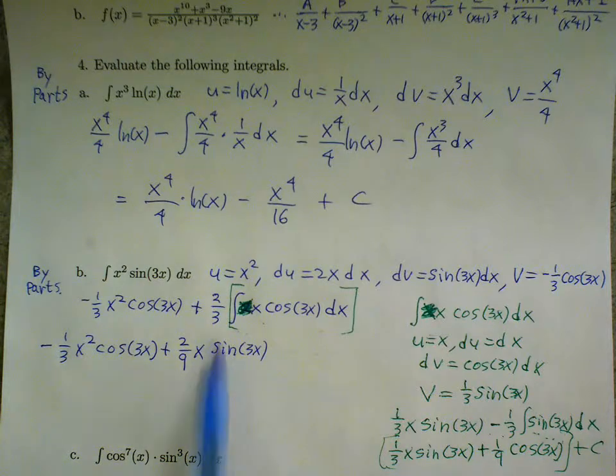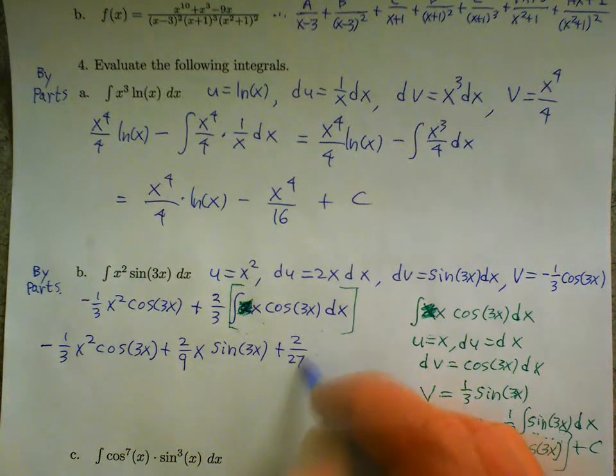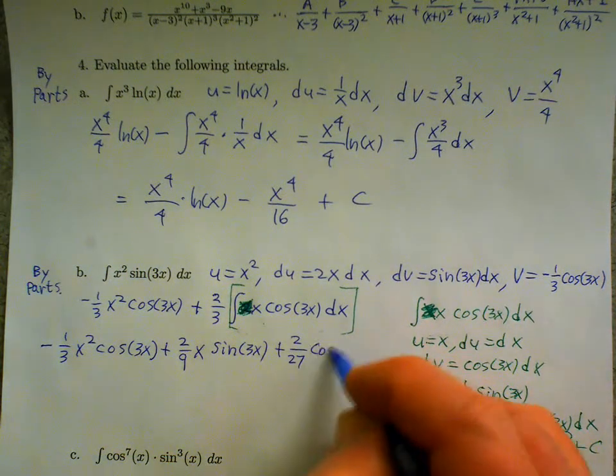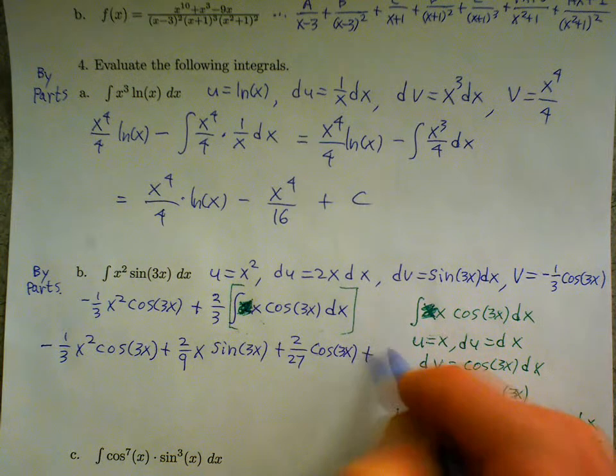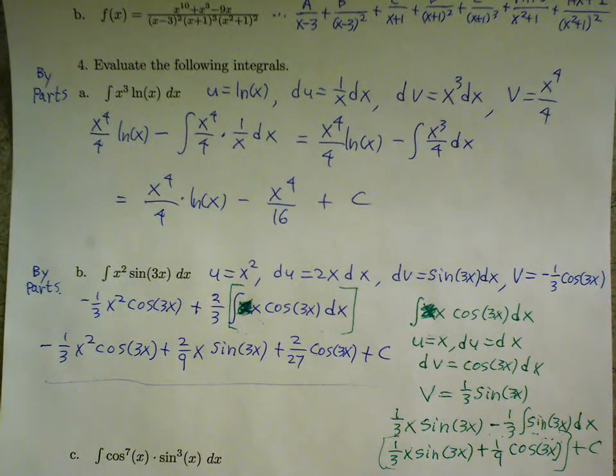And then 2/3 times 1/9 is 2/27, plus 2/27 times cosine of 3x. And then plus c. Okay, so we did the whole thing on that one.